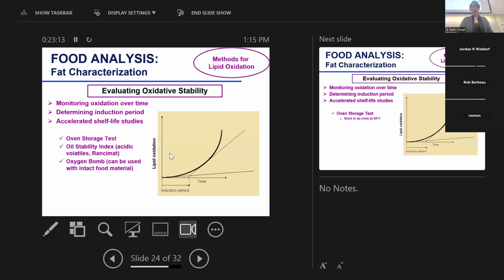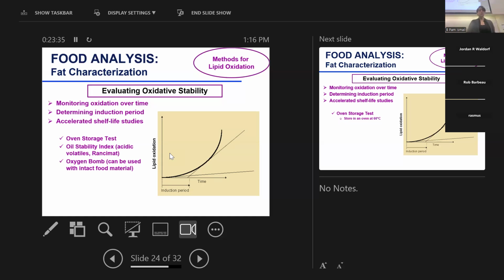Okay. Now, this last piece I have is measuring oxidative stability over time. So what we talked about is the current state of oxidation. You get a sample, oil, fat, and you measure peroxide, you measure TBARS, you measure hexanal. You're measuring the current state of the oil.